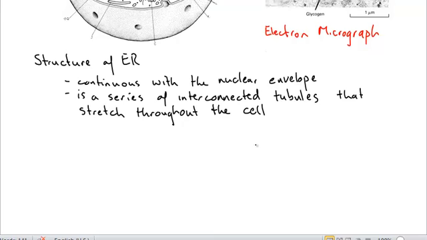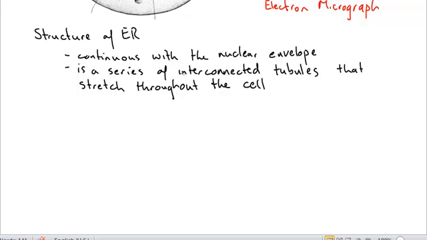And there's actually two types, and they're described based on their structure, but I'm going to put it down under the function because each type has a different function. So the first one is the rough ER, or RER.